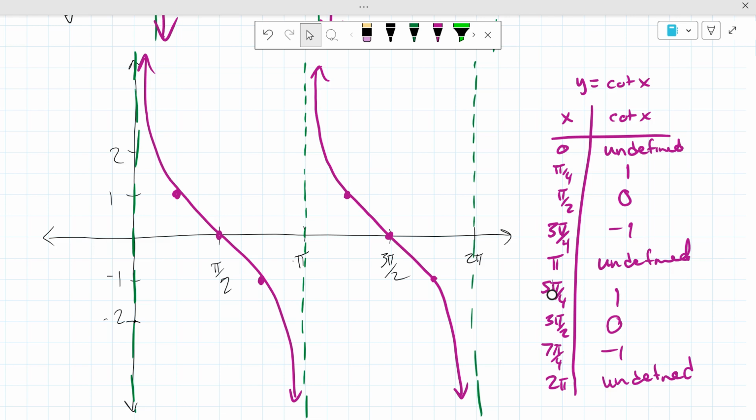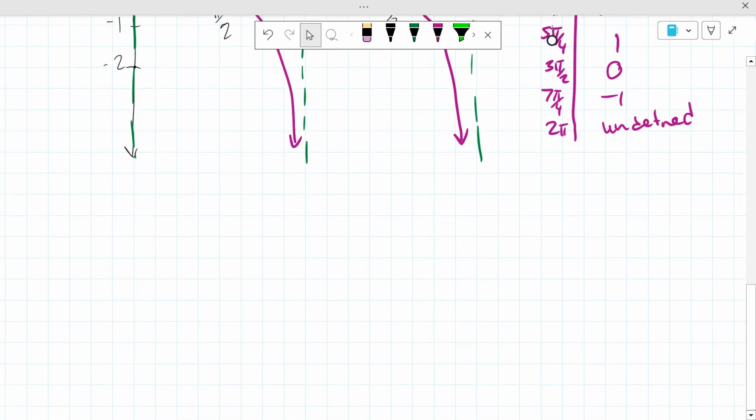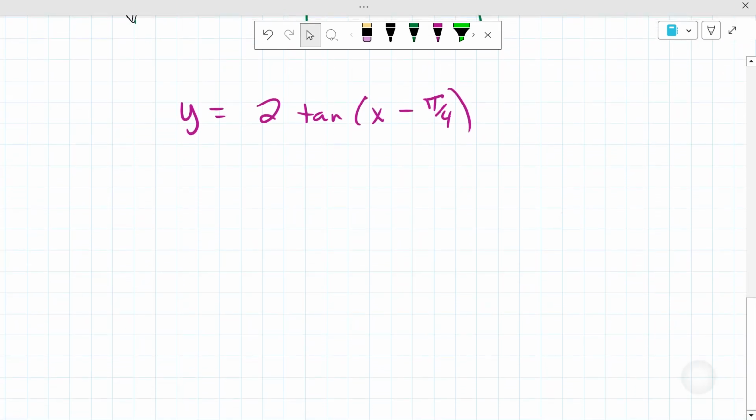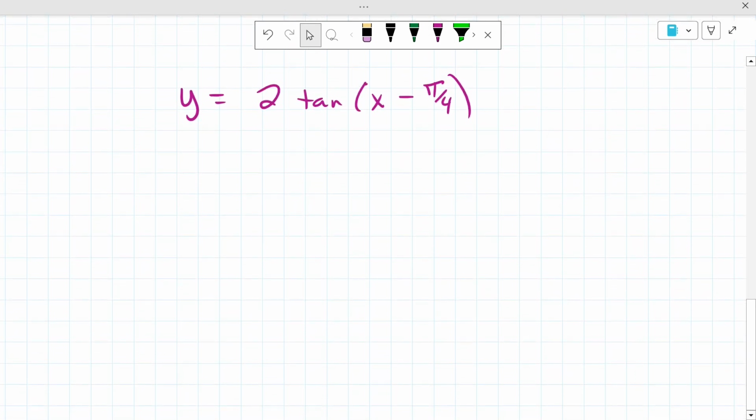So, what are the problems that you're going to see? Okay. Well, let's say we have y equals 2 tangent of x minus pi over 4. All right. So, this is where we have to build things and then we graph it. So, we have x.